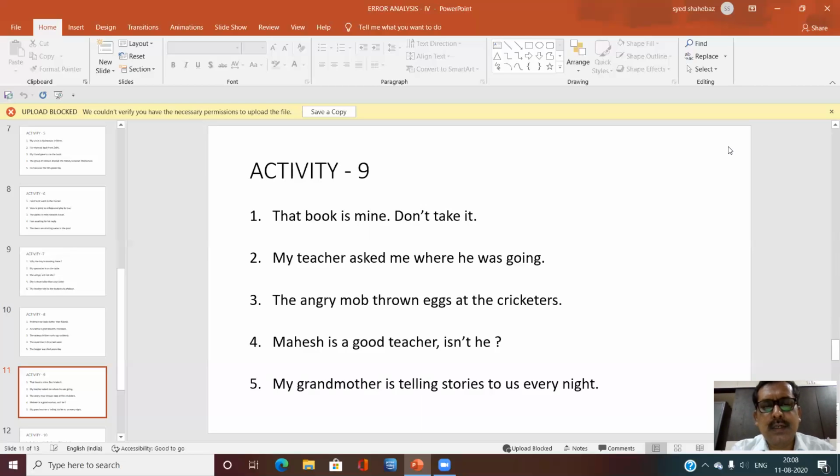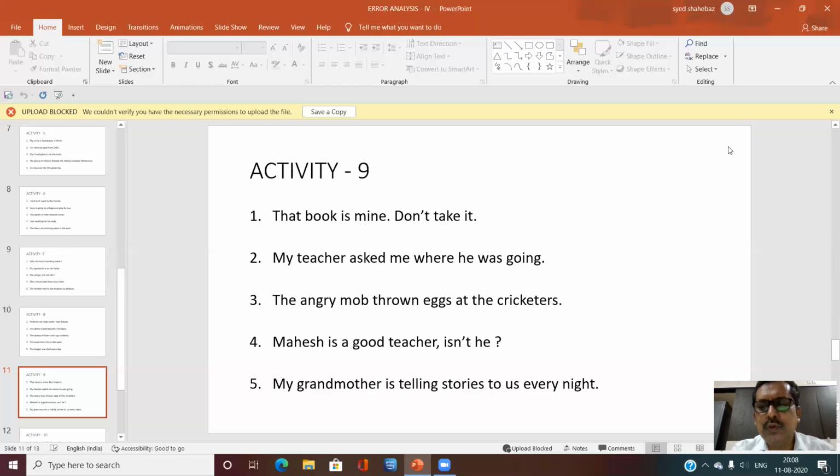Next, the angry mob thrown eggs at the cricketers. Throw, threw, thrown: V1, V2, V3.